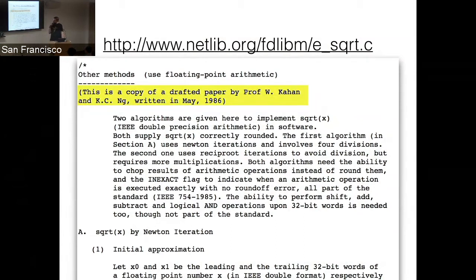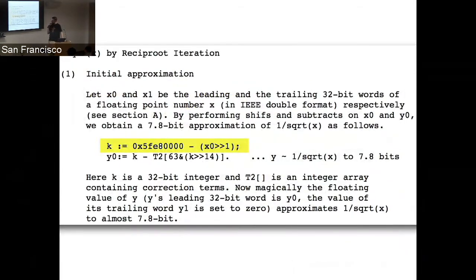One of the sections starts with the information that this is a draft paper from Professor William Kahan from 1986, and just below that we see a pretty similar equation to the one we used earlier in the game.